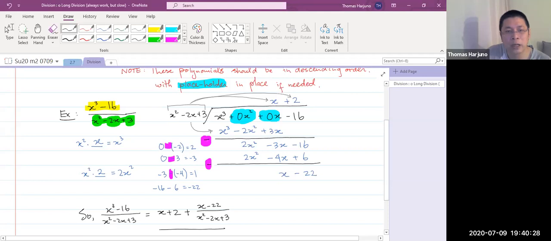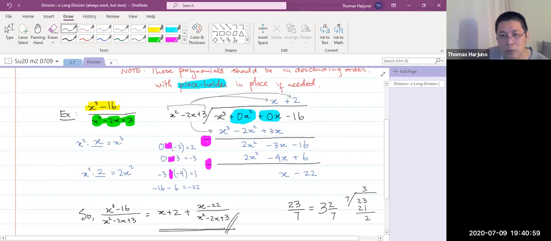Now, what I did here is very, very similar to dividing integers. Let's say I have 23 over 7. 7 goes into 23 three times, right? The remainder is 2, divided by 7. If I do the long division, 23 divided by 7, that's 3 times here for 21.